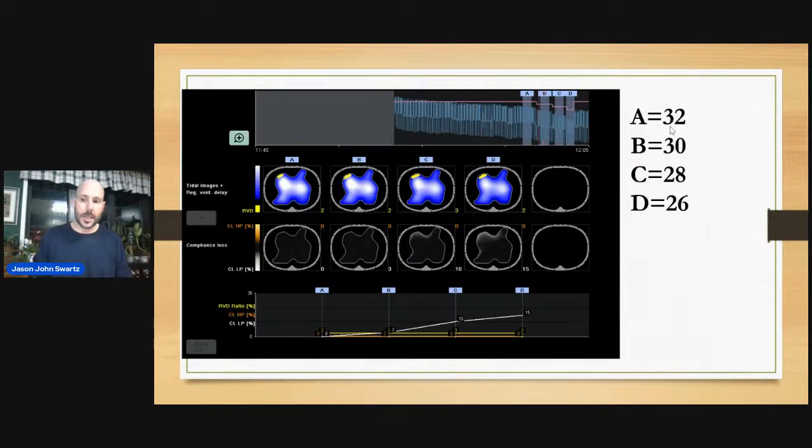And the physicians are very, very happy that I'm able to use the PulmoVista. It just makes the job so much more fun.